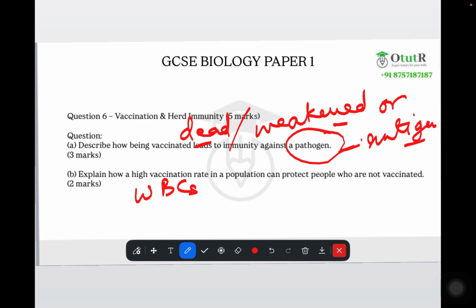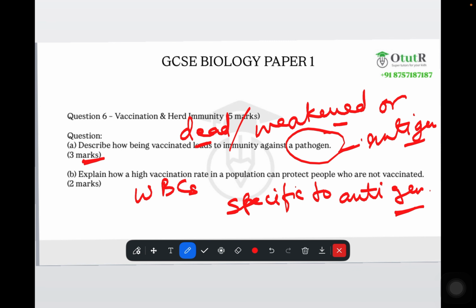Next, the white blood cells or lymphocytes produce antibodies specific to the antigen. Therefore, the third point is that memory cells remain in the body, allowing a faster and stronger response on future infection. 3 marks and 3 valid points.